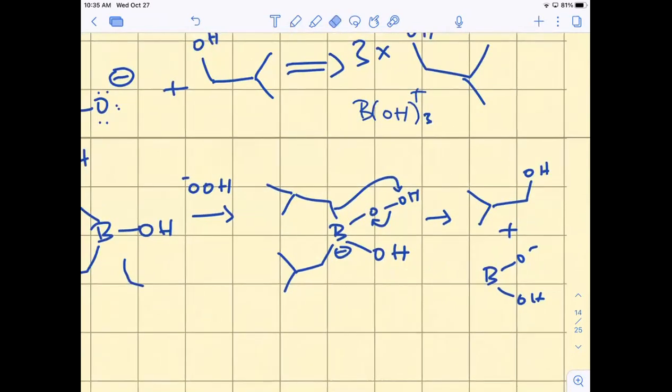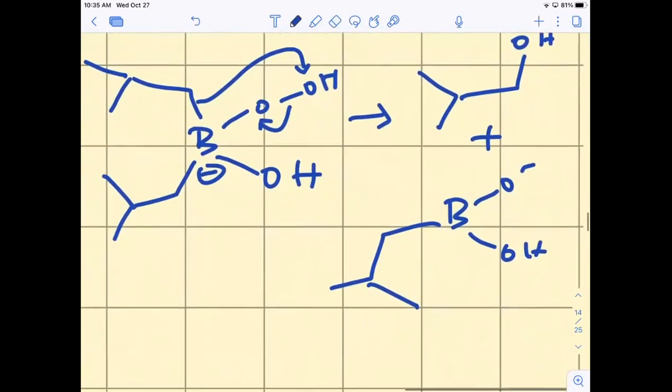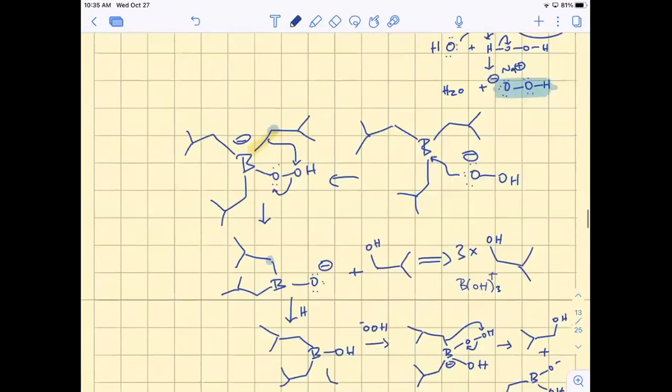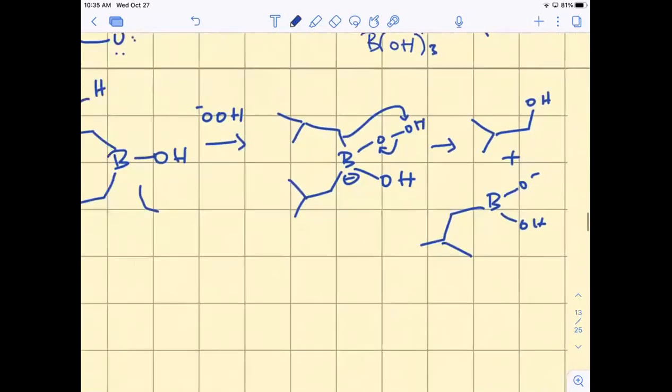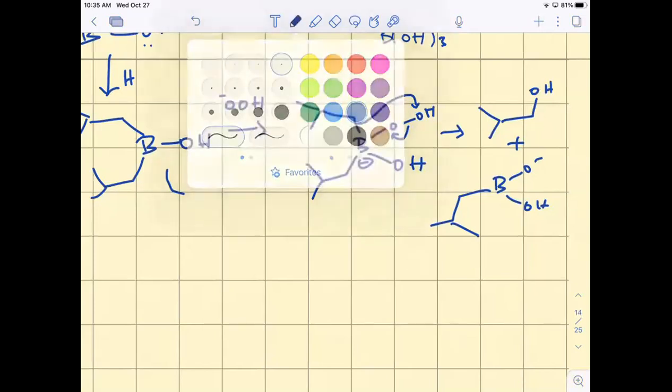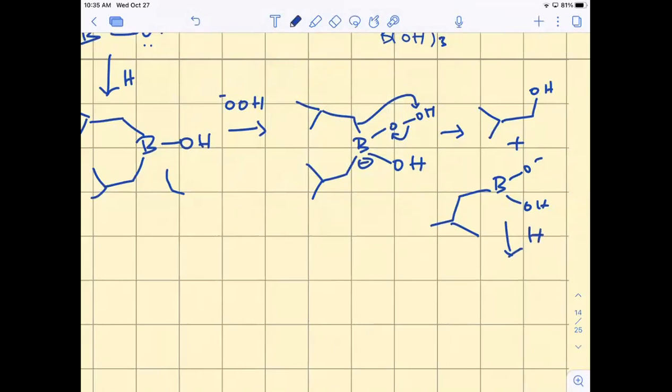And that's why I'm saying that 3-to-1 ratio is simply because the boron gave up 3 hydrogens at the very beginning. It's going to have 3 alkyl groups on it. And so I'm also going to need 3 equivalents of peroxide to get those alcohols out. So then that can get protonated, so I end up with this.